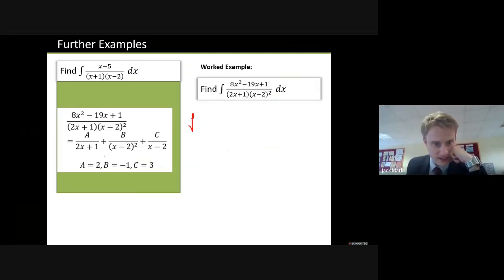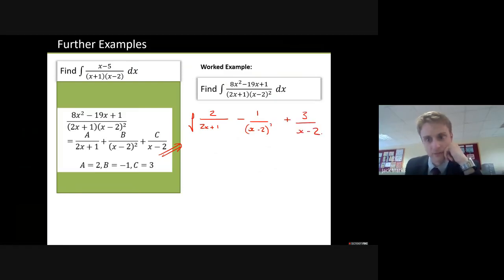Now you want to integrate 2 over 2x plus 1 minus 1 over x minus 2 squared plus 3 over x minus 2.